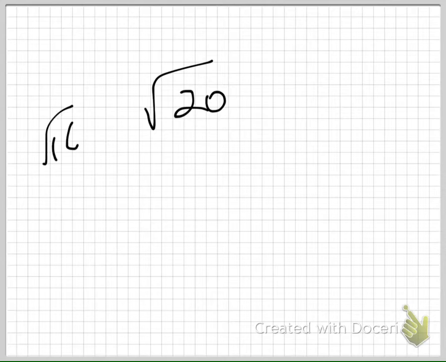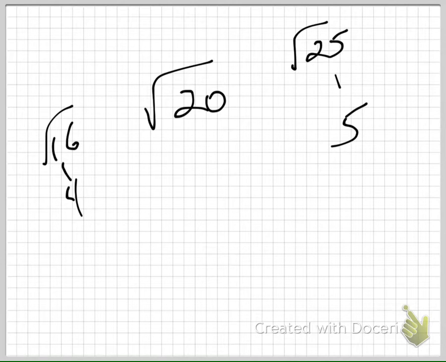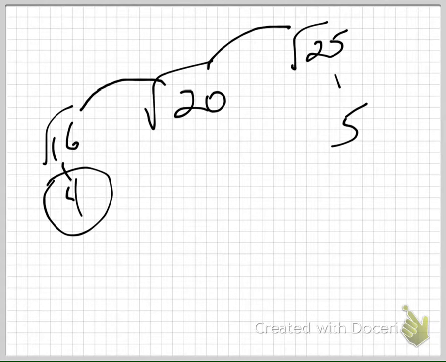So we have the square root of 16, which is 4, and the square root of 25, which is 5. All you have to do is look. So we know it's between 4 and 5. It's going to be 4 point something. Is 20 closer to 16 or closer to 25? 16. So which whole number is it closest to? 4. Does that make sense? Since 20 is closest to 16, that's 4. That's how you do it. You just look at it.